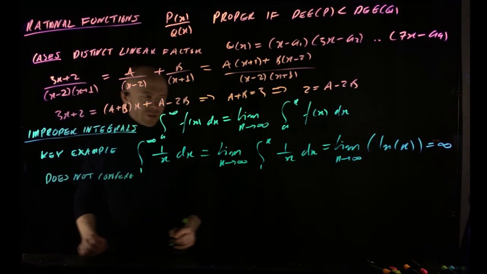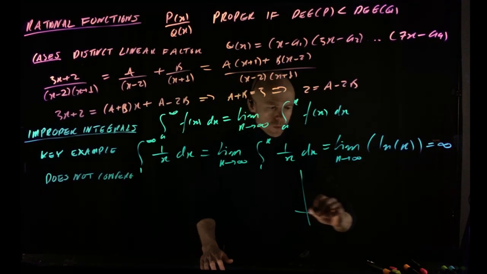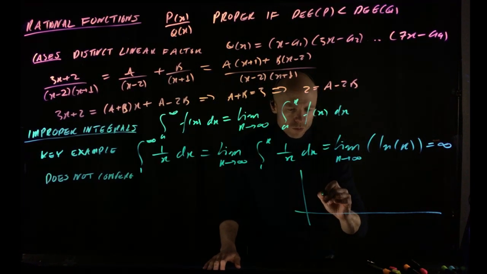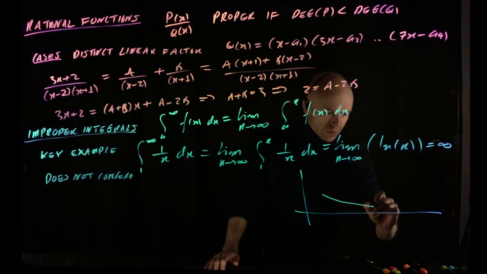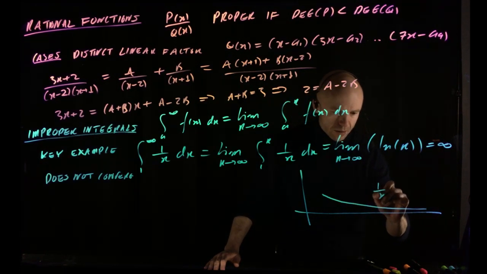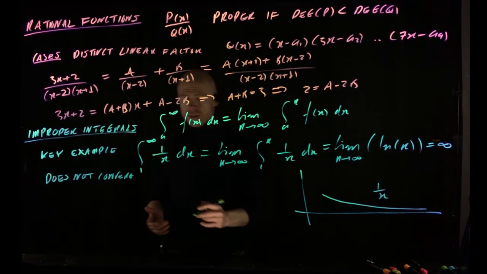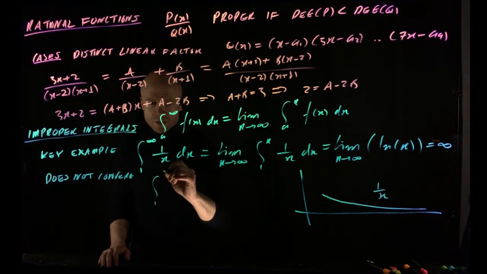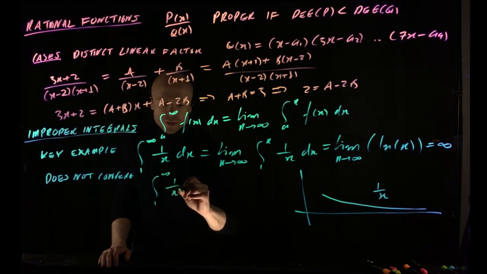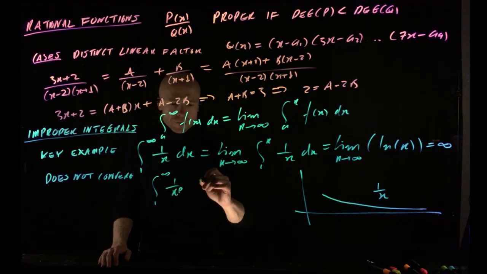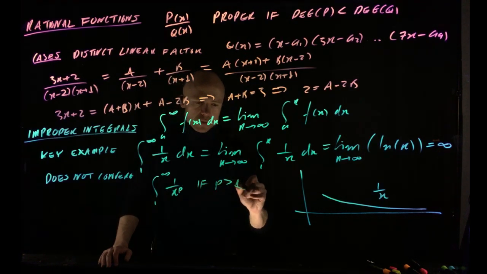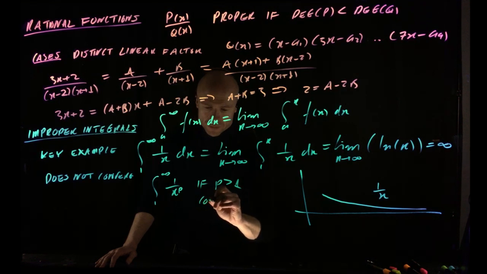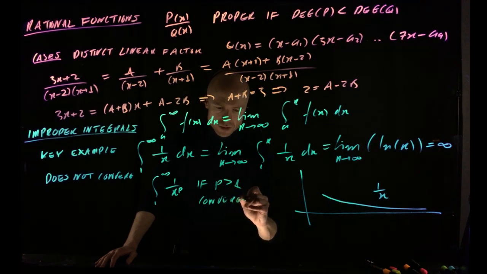Let's draw a picture. So this is what 1 over x looks like. It is 1 at 1, and it's decreasing like this, right? So this is 1 over x. Now, if you try the integral from 1 to infinity of 1 over x to the p, if p is bigger than 1, it will converge. And that's another easy calculation.